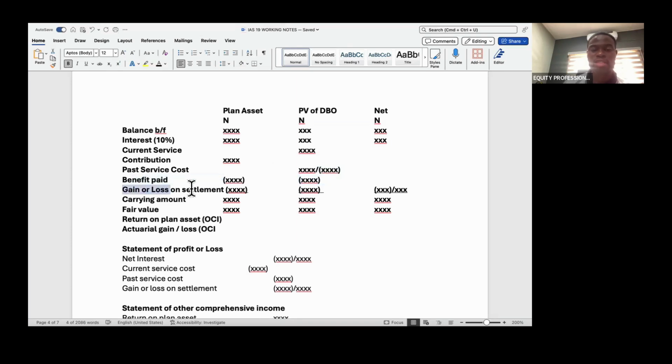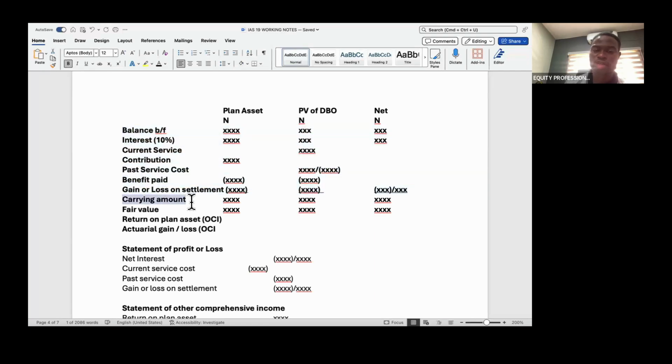When there are curtailments, we would have gain or loss on settlement because we're settling from our plan assets vis-a-vis a reduction in our obligation. If we're able to negotiate a deal whereby we are settling for less, we'll probably be making a gain. It can be a loss also if we are settling more than our obligation. Typically, this is what you would find at the most extreme in your exams.